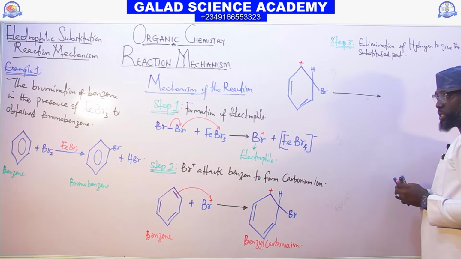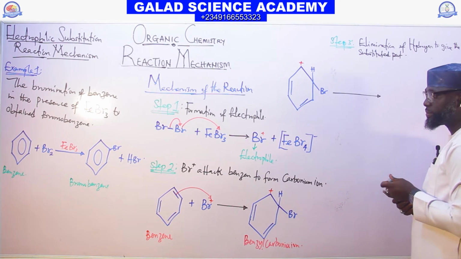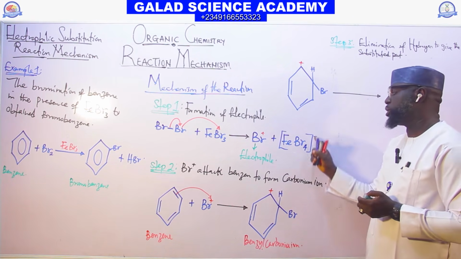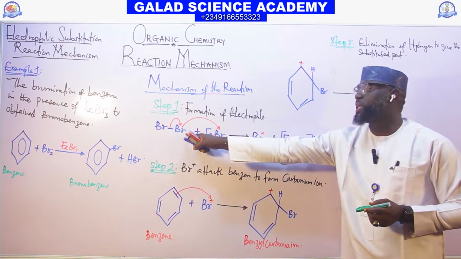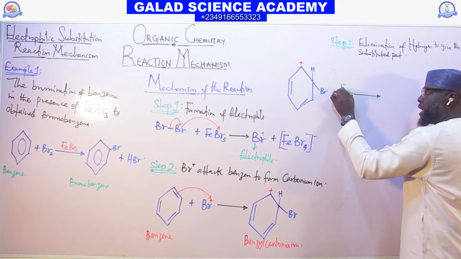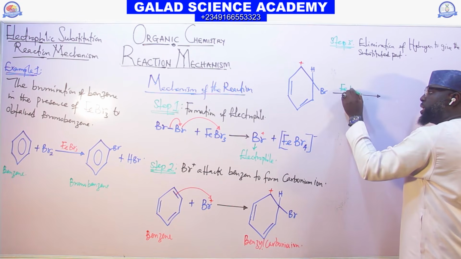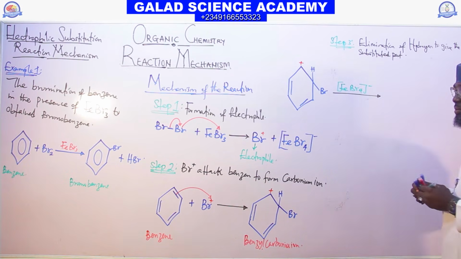Don't forget that the catalyst, which took one bromine out from the beginning, will now reappear here as FeBr4 negative.